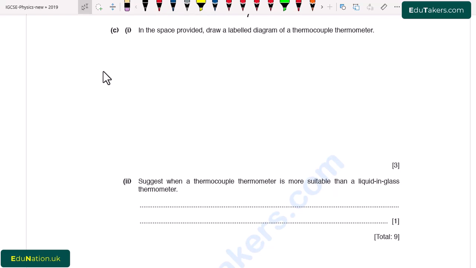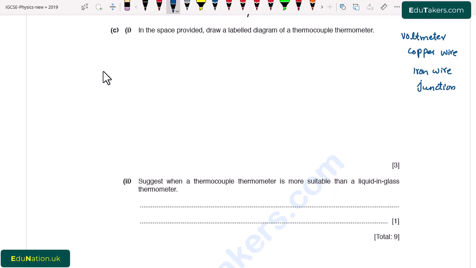It consists of a voltmeter, copper wire, iron wire, and junction. So these are the components of a thermocouple thermometer.